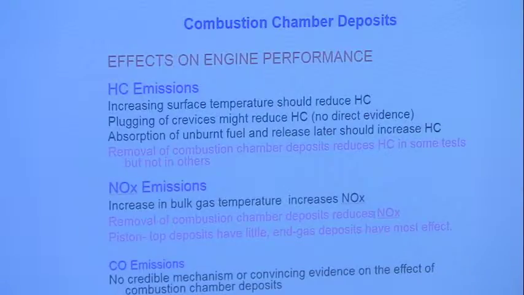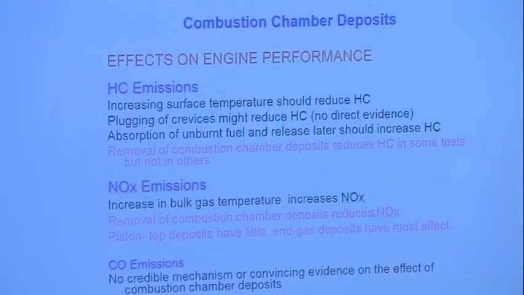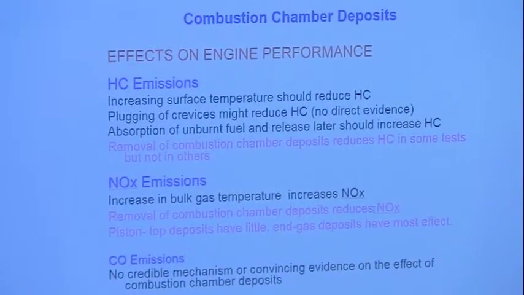Whereas NOx emissions always increase because the temperature increases. And removal of combustion chamber deposits actually reduces NOx levels. You can test this. Once again, piston top deposits have little effect, and head deposits have much more effect on NOx formation, NOx increase, I should say.